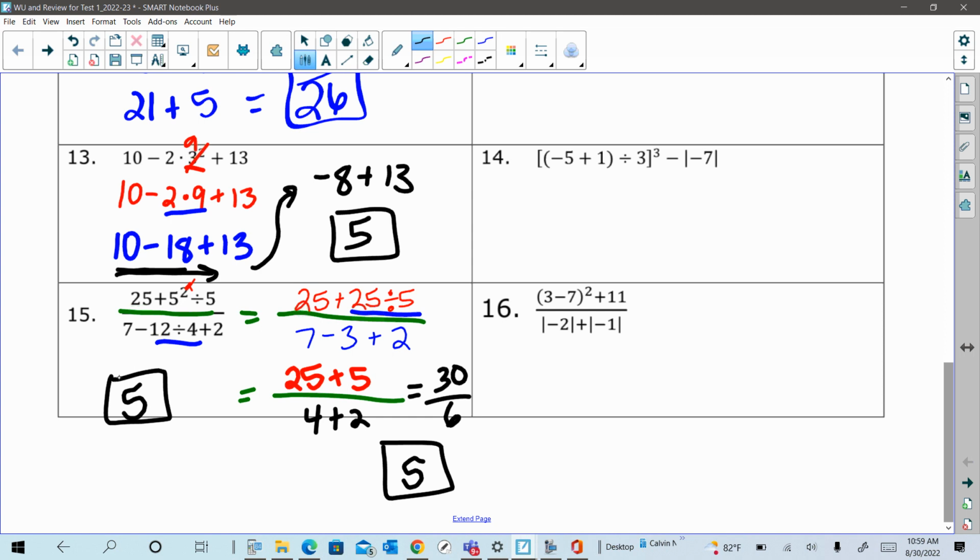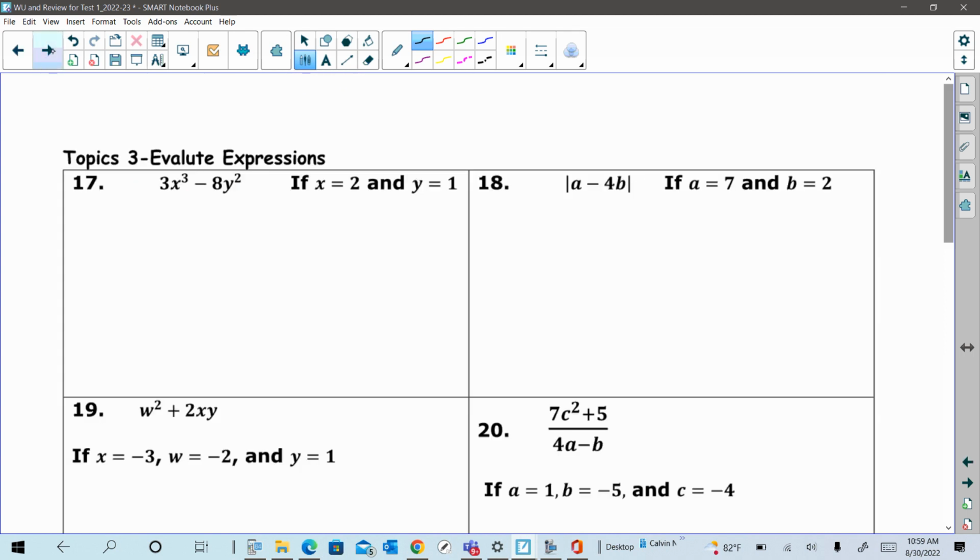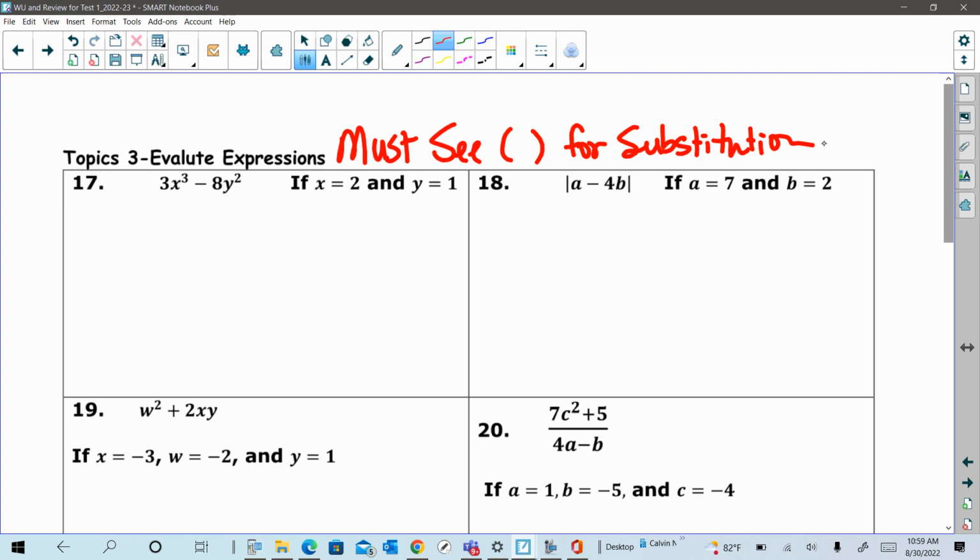So on the back, the last section. For this, to receive partial credit, I must see the parentheses for substitution. So I am substituting a 2 for the x, since x equals 2, and 1 for y.